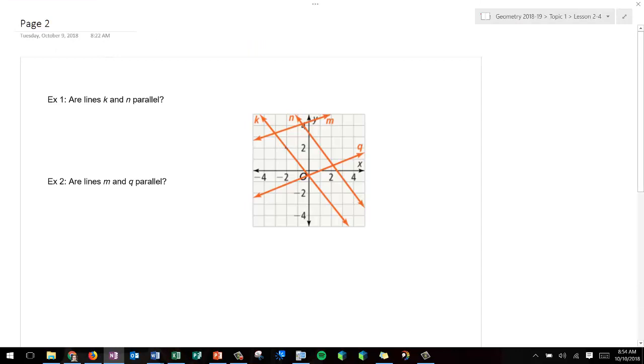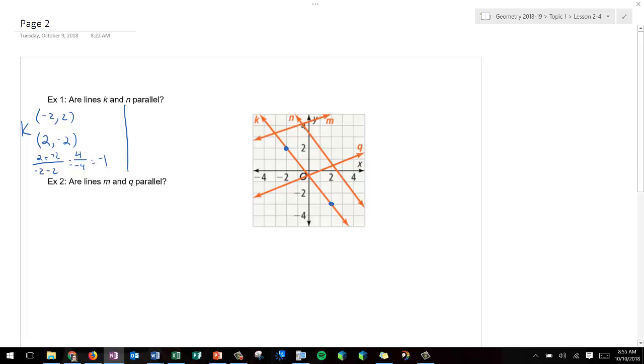For K, it appears I have this point here, (-2, 2), and I also have this point down here, (2, -2). So if I find the slope of K, I have 2 minus -2 over -2 minus 2. That gives me a slope of 4 over -4, or a slope of -1.